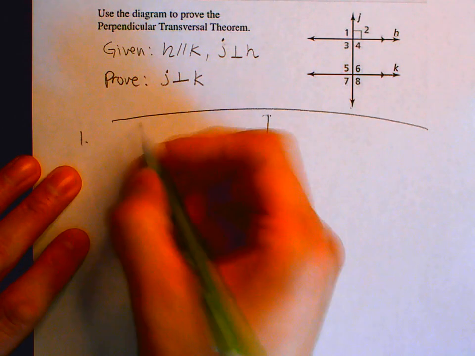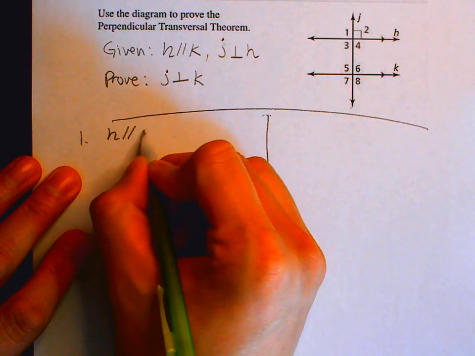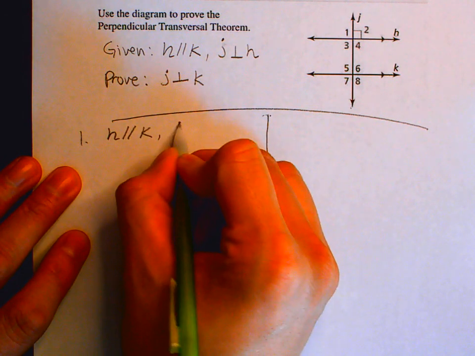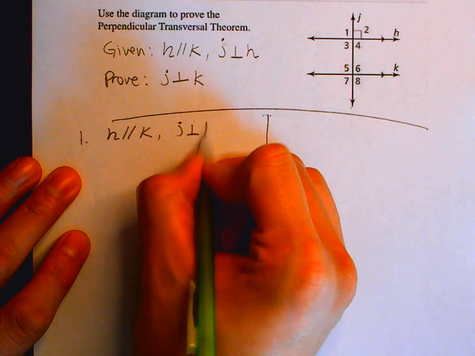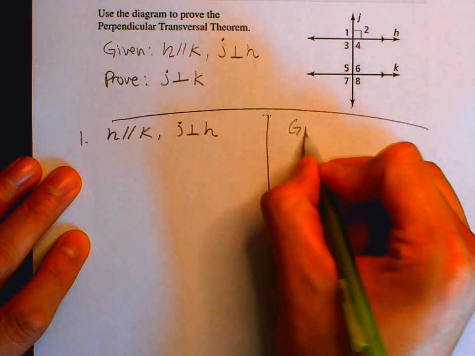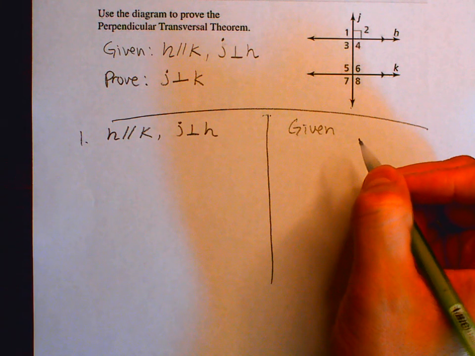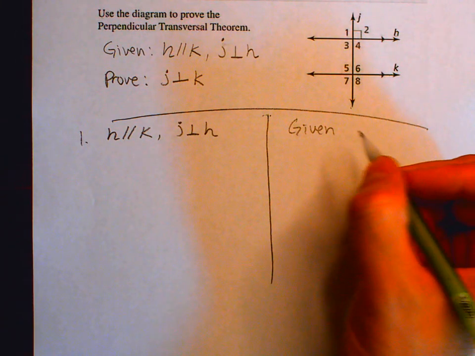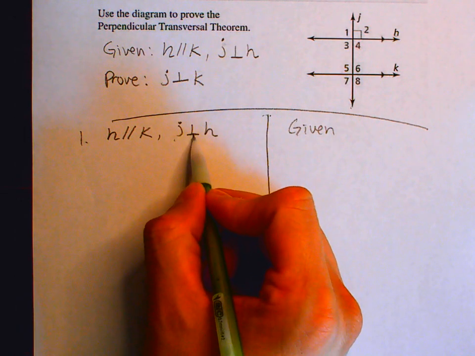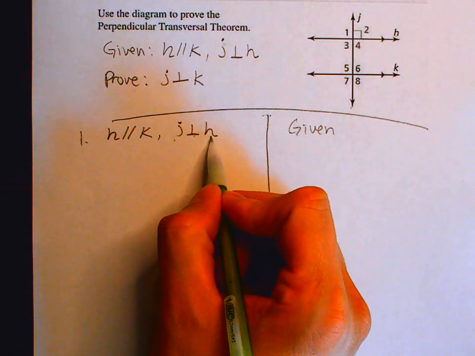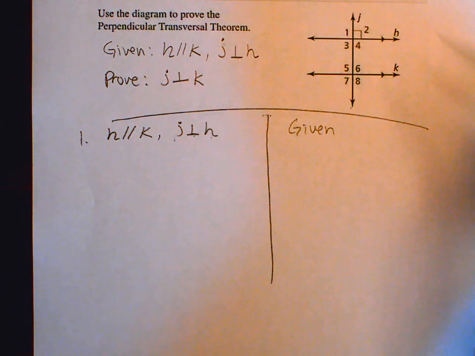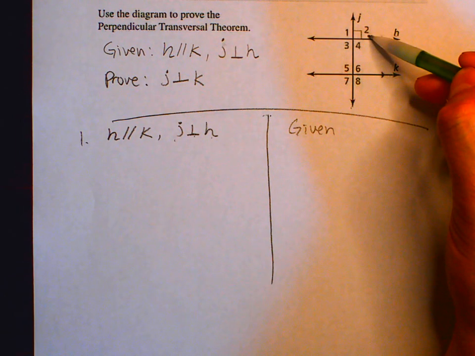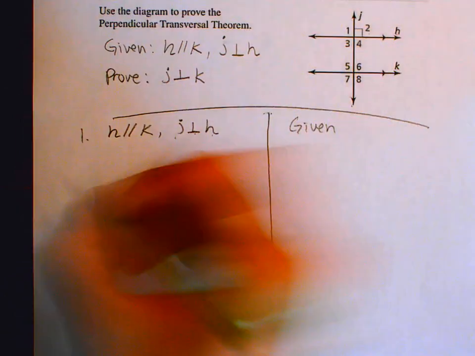Okay, first step. H parallel to K, J perpendicular to H. That is given to us. Now, what does it mean for J to be perpendicular to H? Okay, well, because they're perpendicular, the measure of angle 2 is going to be 90 degrees.